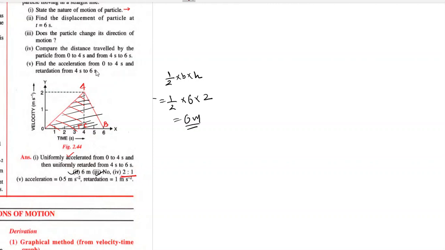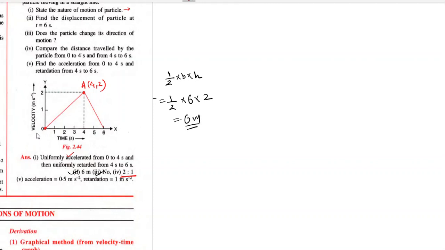Find the acceleration from 0 to 4 seconds and the retardation from 4 to 6 seconds. If you really want to find the acceleration, you have to consider 2 points. O to A acceleration. What are the coordinates of point A? 4, 2.